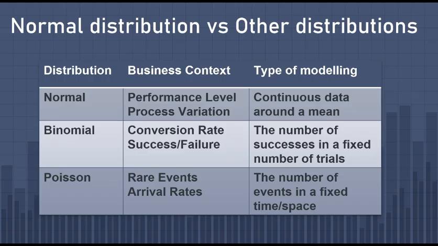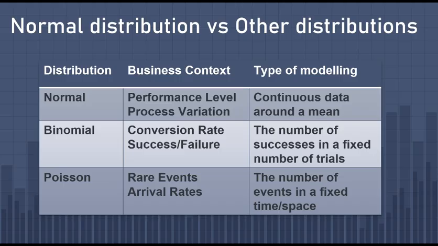Poisson distribution generally deals with rare events, events which rarely happen, like failure of a machine, and also arrival and departure rates, etc. Here the number of events in a fixed time and space is used for modeling.